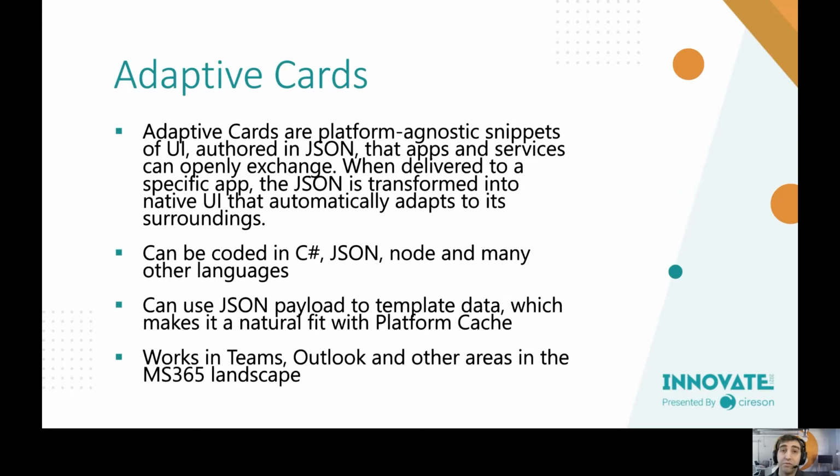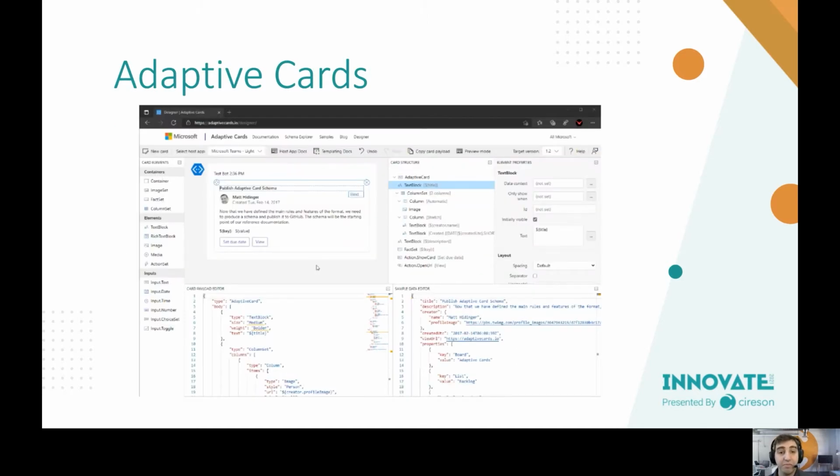Adaptive cards also have a feature called templating, which allows you to create a single card with a single look and feel and inject variables with a JSON payload to change the data on the fly and change what the card is actually showing.